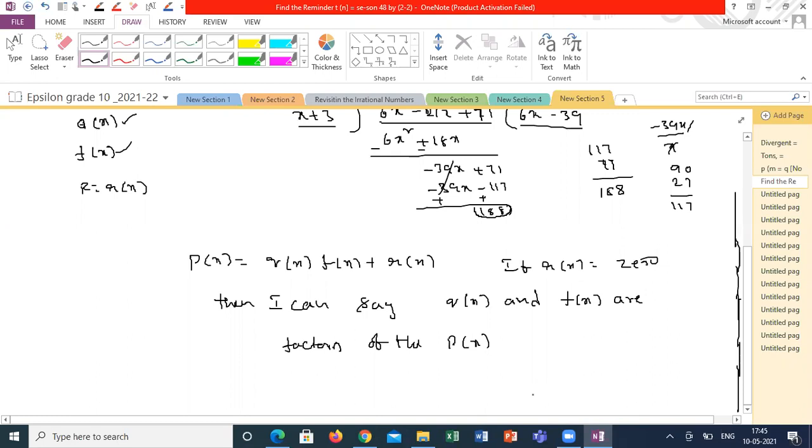So if I'm taking numbers, what does the division algorithm say? Dividend will be equal to divisor into quotient, just a reminder, plus remainder.